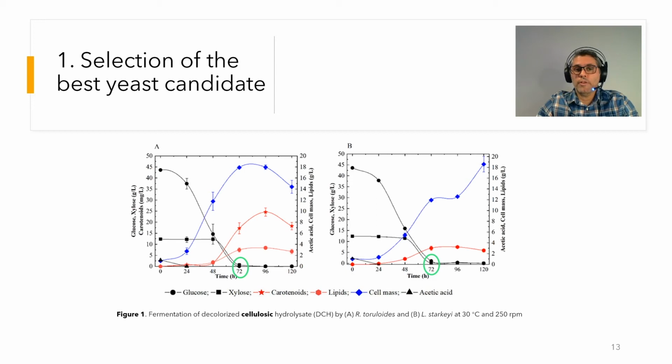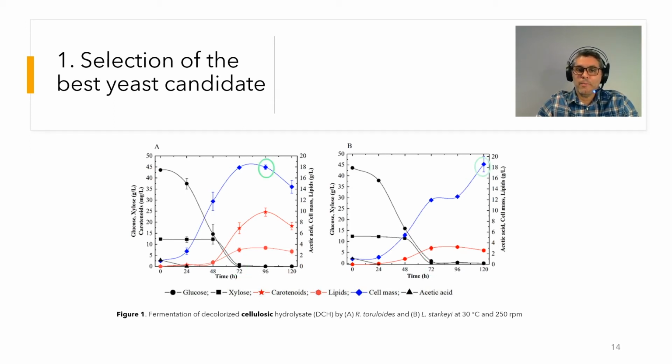It is worth noting that xylose uptake started only after most of the glucose, more than 60%, was consumed. This sequential consumption of sugars by the oleaginous yeasts could be attributed to glucose repression on xylose transport.